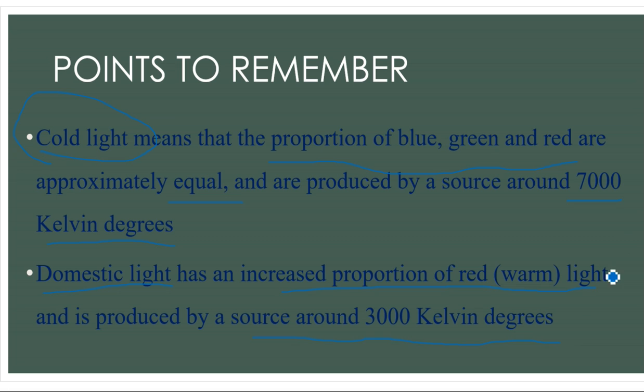Whereas in LED, it is 7000 Kelvin, right? In homes, 3000 Kelvin. Can you see some relation between the coldness and warmness of light and the color temperature? Here you can see, the higher the color temperature in Kelvin, the colder the light, or the lower the Kelvin color temperature, the warmer the light.